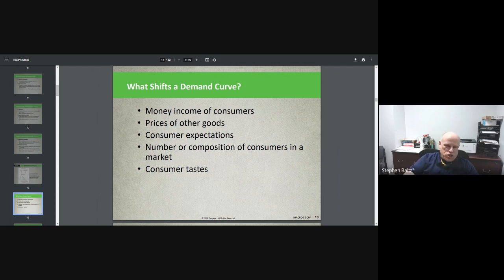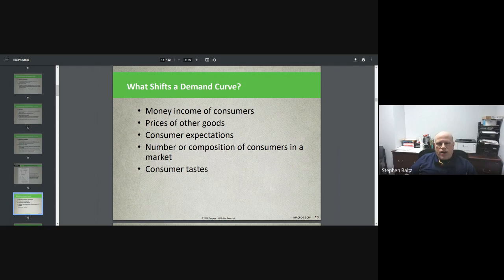Same thing with fashion and automobiles and things like that. So depending on what consumer preferences or taste are and how they change, that will also shift the demand curve either to the right or to the left, depending on whether it favors your good or whether it is not favorable to your good.